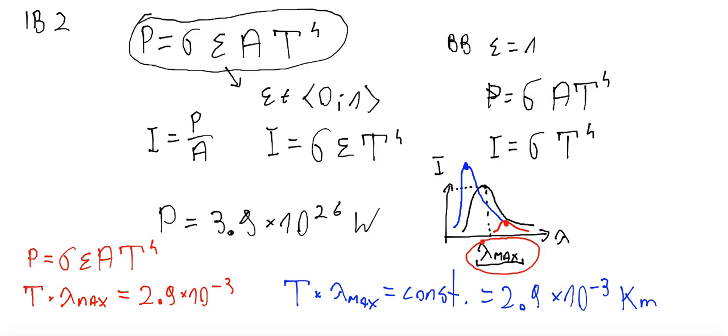We also analyzed this graph, because I remember that I presented a graph of two different intensities, but for the same lambda. What does it mean? If we have two different intensities for the same lambda, it means that the temperature of the objects must be the same. Look at this equation. If lambda is the same and this is constant, then temperature must be the same. Okay?